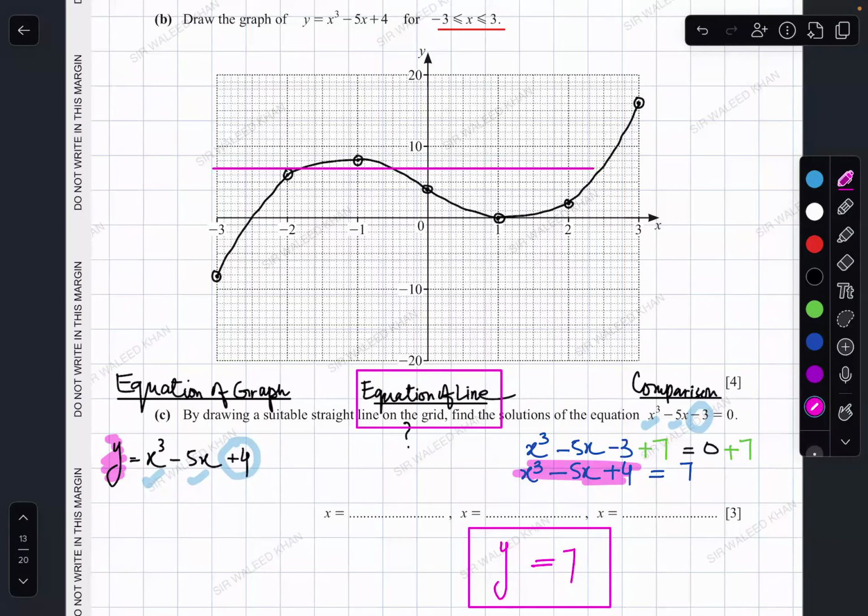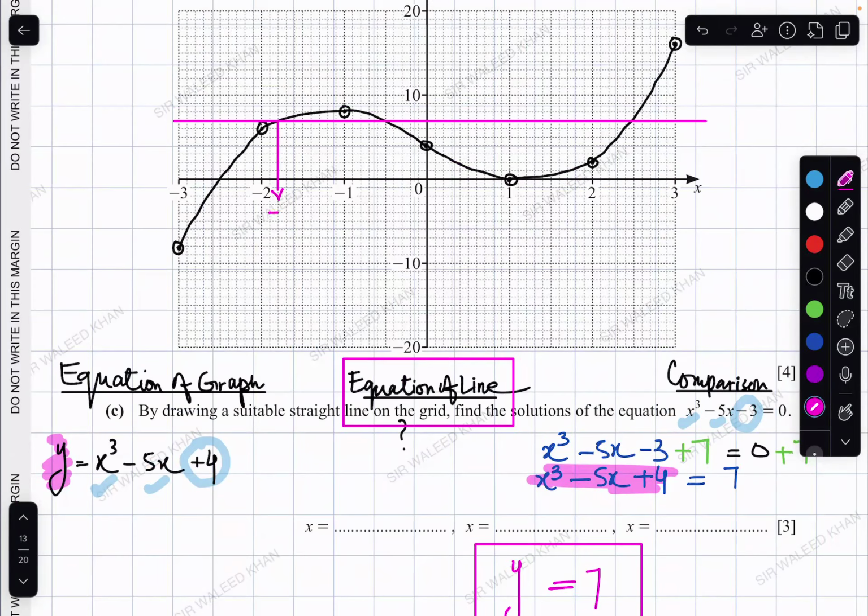And wherever the line is cutting the graph, that is our solution. So our solution lies at this point, minus 1.8. My solution lies over this point, negative 0.5. And over here, this should be 2.5.